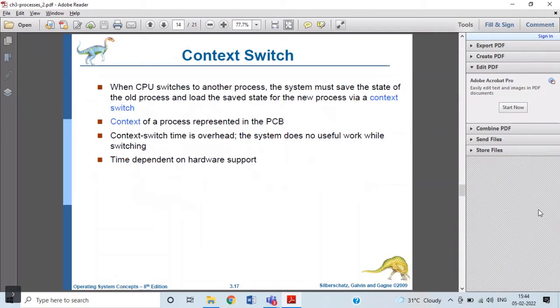And there are many concepts in our operating system, so be attentive to the classes.